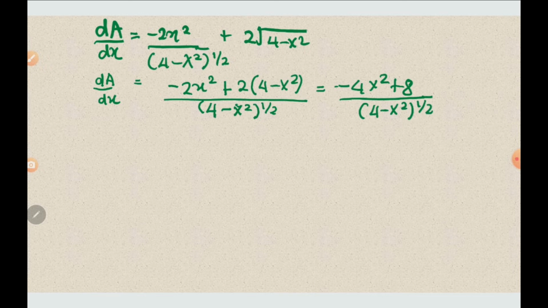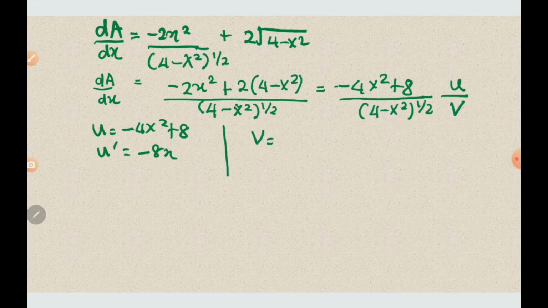To get the second derivative, we will use the quotient rule here, where I will let u as the numerator and v as the denominator. So u is equal to negative 4x squared plus 8. u prime is equal to negative 8x. v is equal to (4 minus x squared) to the power of 1 over 2.